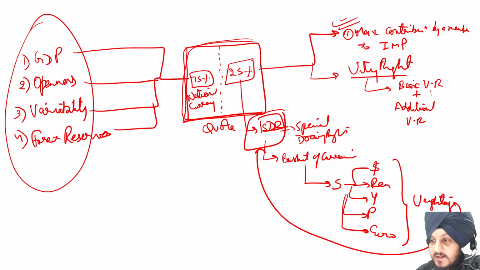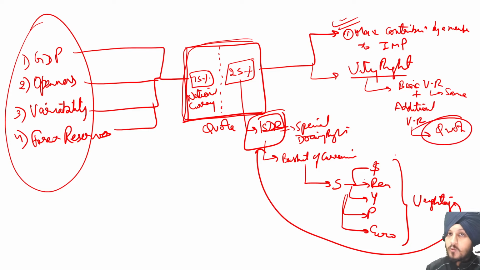Basic voting rights are the same for all the countries, whereas the additional voting rights depend on the quota contribution. So if a country has more quota, it is going to have more additional voting rights, and depending on that, more control over the voting.